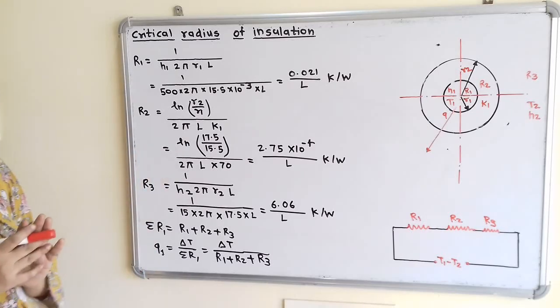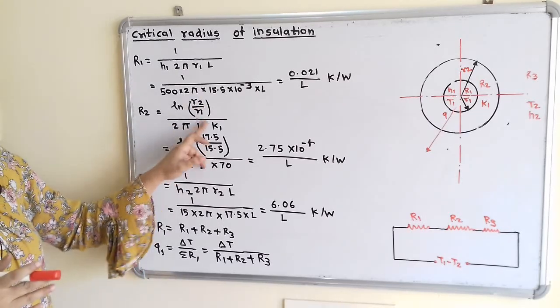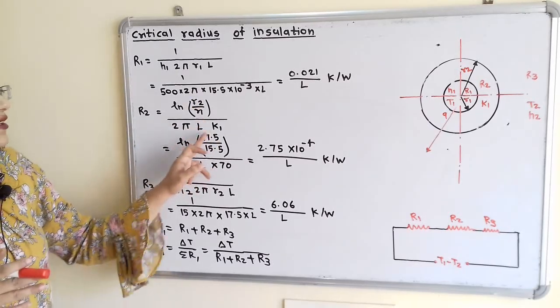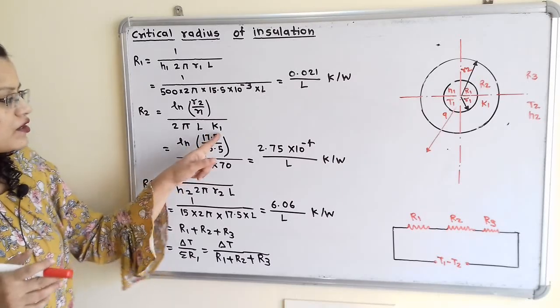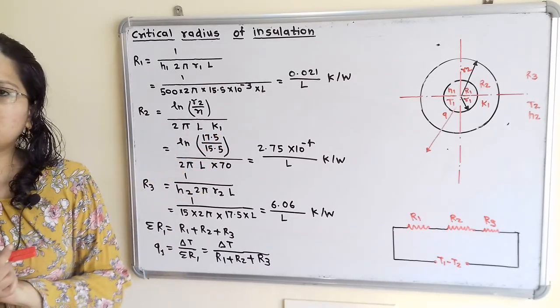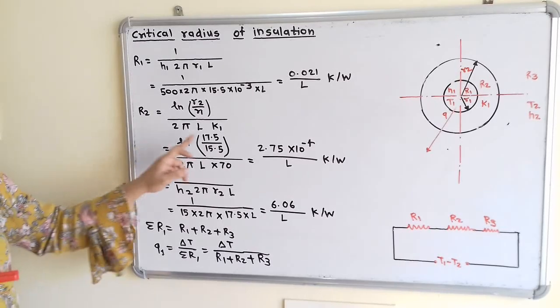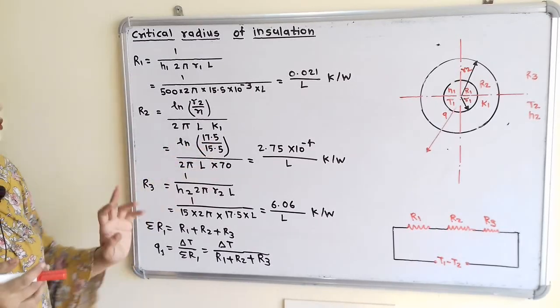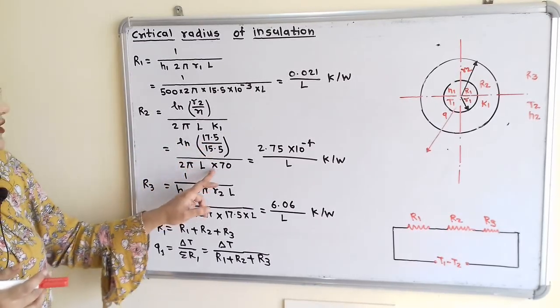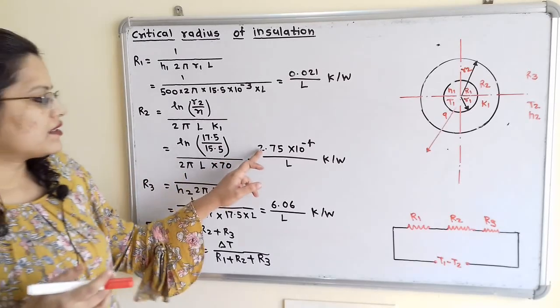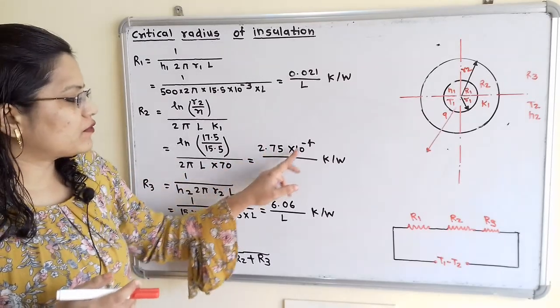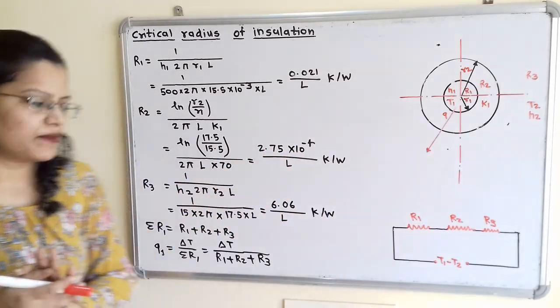So we will put in the values. Both R2 and R1 are in millimeters, but in the numerator and denominator this millimeter will get cancelled. So 17.5 by 15.5 divided by 2 pi L into 70. So the answer is 2.75 into 10 raised to minus 4 by L Kelvin per watt.